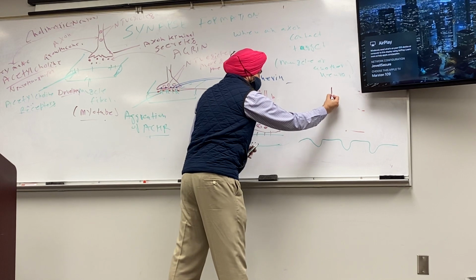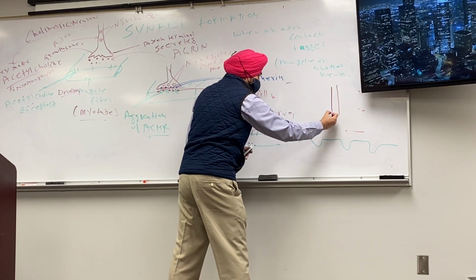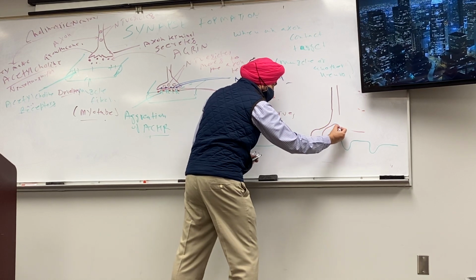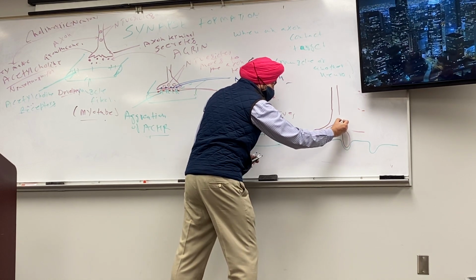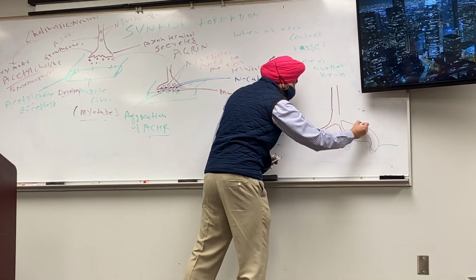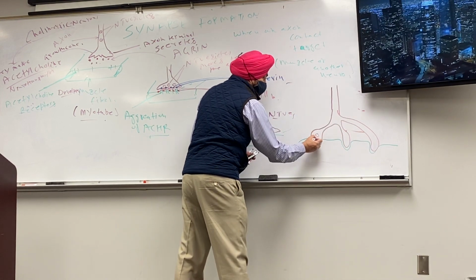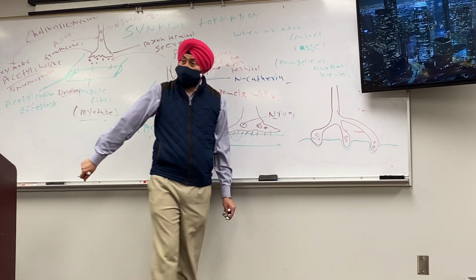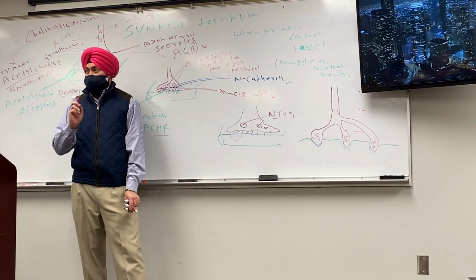So now you have one axon coming there, and from this axon, this branch goes like this, this branch goes like this, and this branch goes like this. So this kind of division takes place.